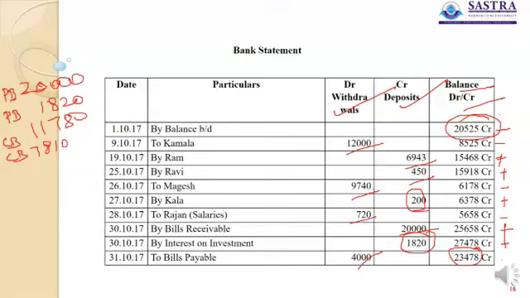And bills payable paid not entered in cash book. So bills payable 4,000 rupees not entered in cash book. So 4,000 rupees is entered in passbook. So these are all the items that mismatch. All other items are entered in passbook as well as in cash book.